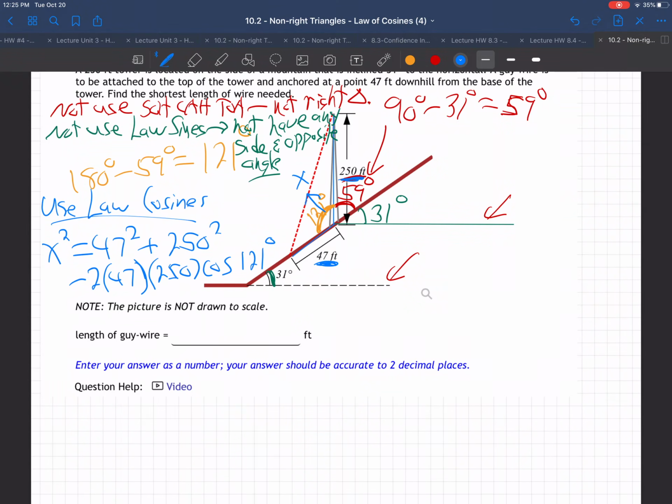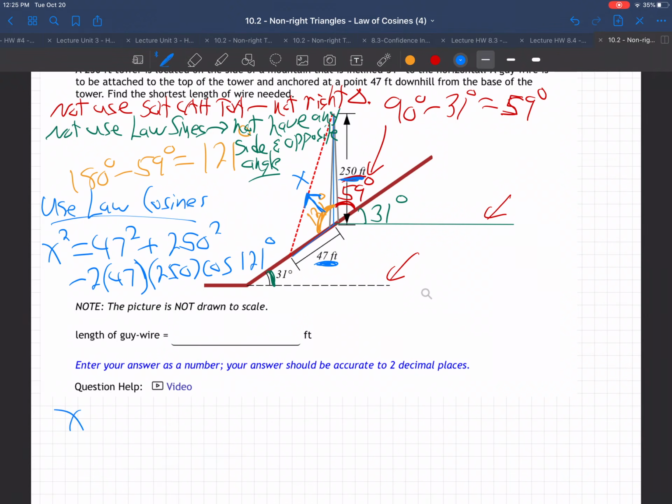That's the one across from x. That's the one across from the guy wire in that little triangle on the hill, right? That's how law of cosines works. Any side and the angle opposite it for the law of cosines. X is opposite of the 121 degree angle.